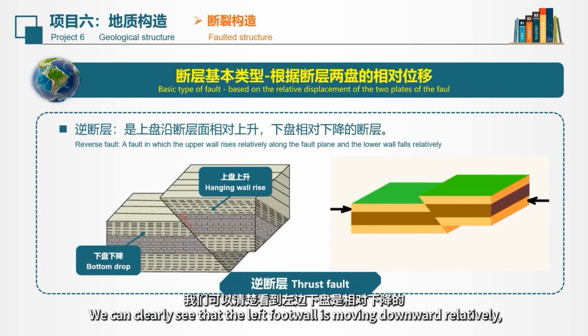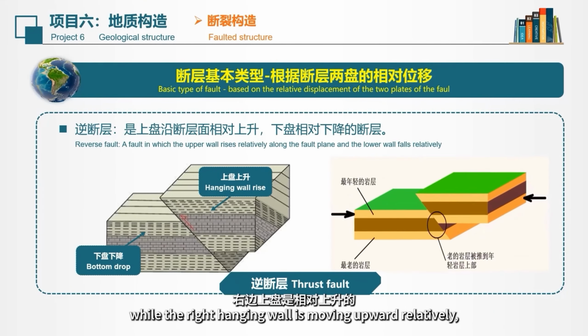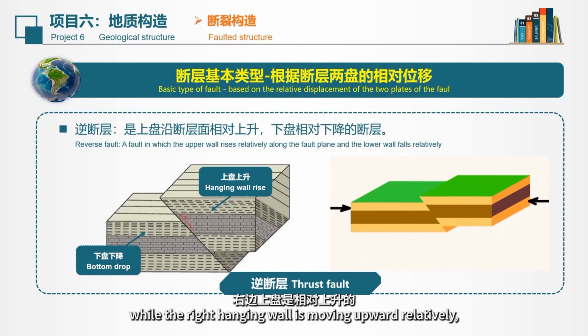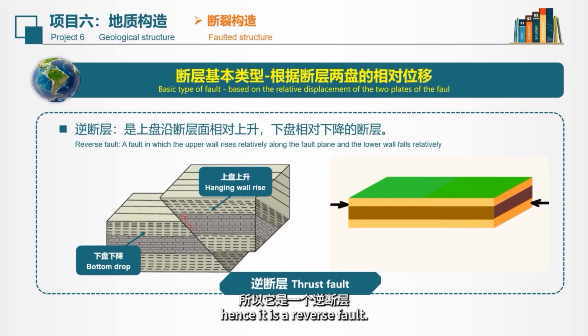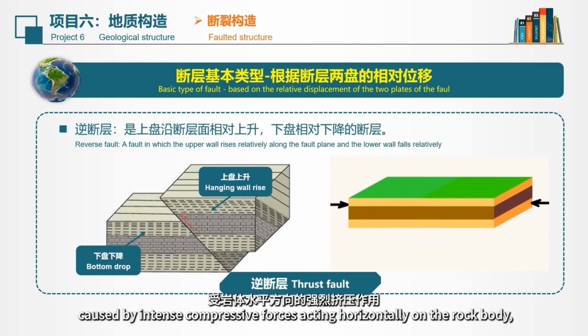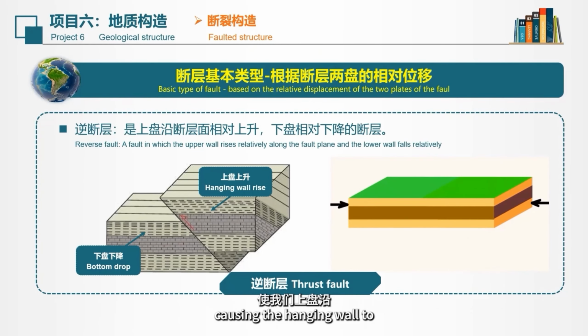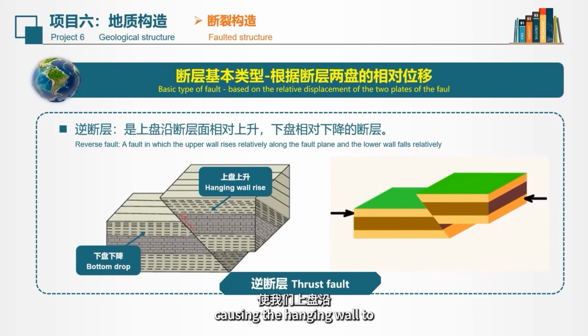We can clearly see that the left footwall is moving downward relatively, while the right hanging wall is moving upward relatively. Hence, it is a reverse fault. A reverse fault is typically caused by intense compressive forces acting horizontally on the rock body, causing the hanging wall to move up along the fault plane.